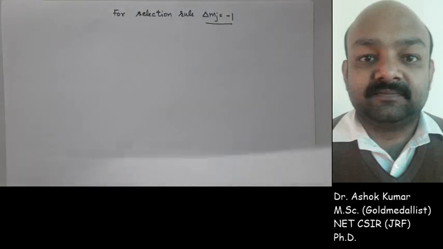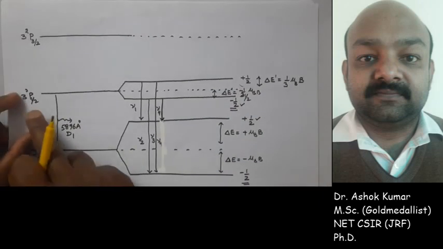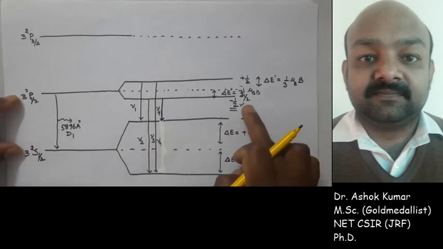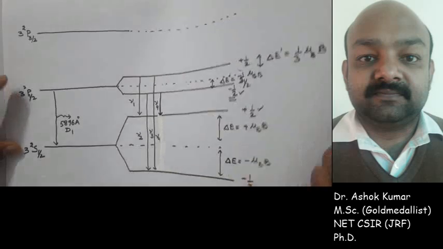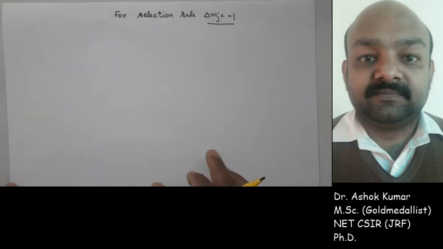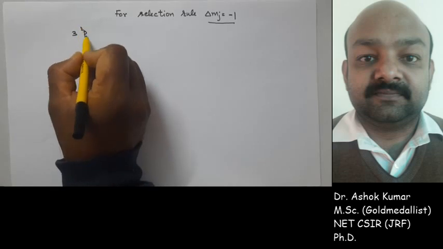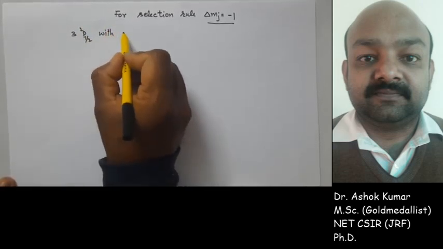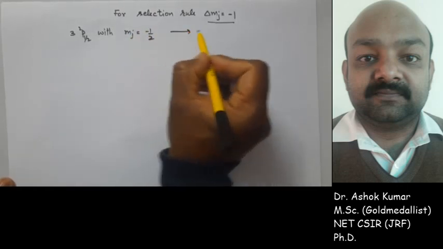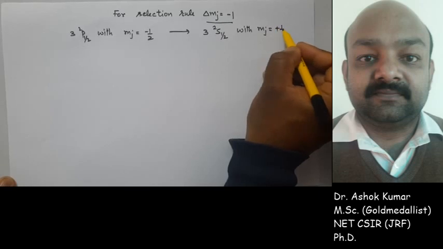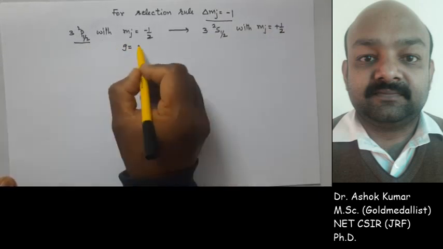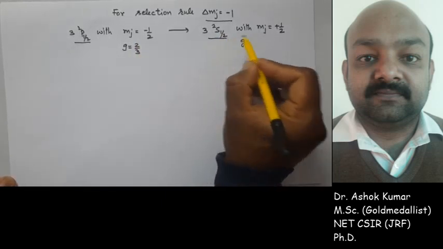And now we will try to calculate the value for this transition, as this transition is from 3p 1 by 2 energy level with mj value minus half to 3s 1 by 2 energy level with mj value plus half. So only one transition is allowed, which is from 3p 1 by 2 energy level with mj value minus half to 3s 1 by 2 energy level with mj value plus half. G value for this state is 2 by 3. G value for this state is 2.